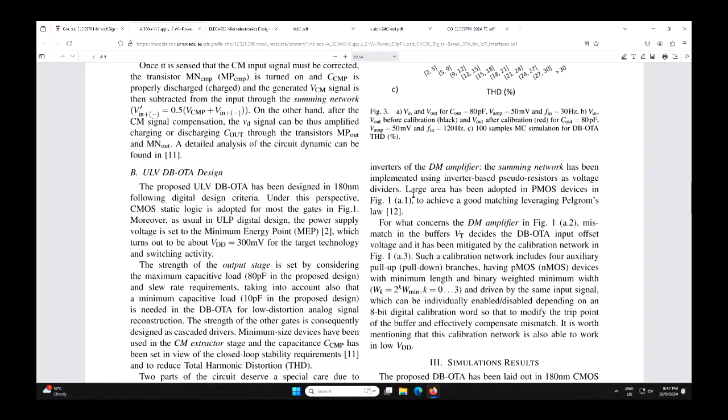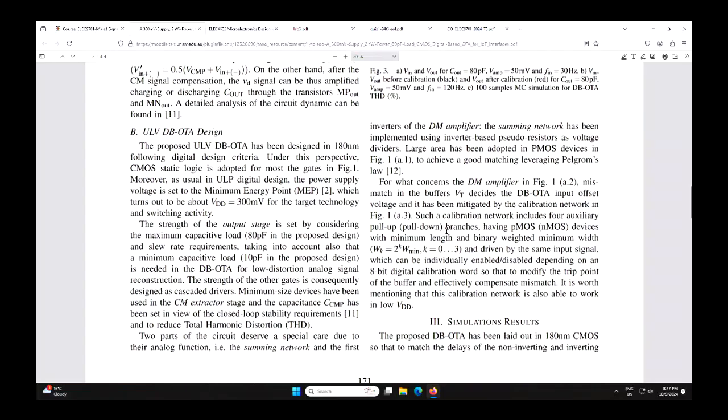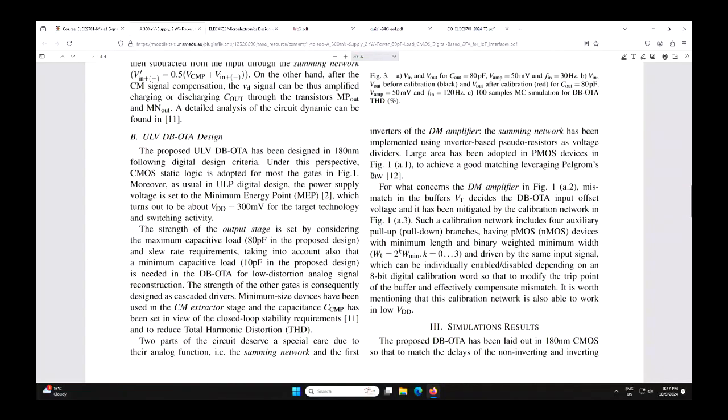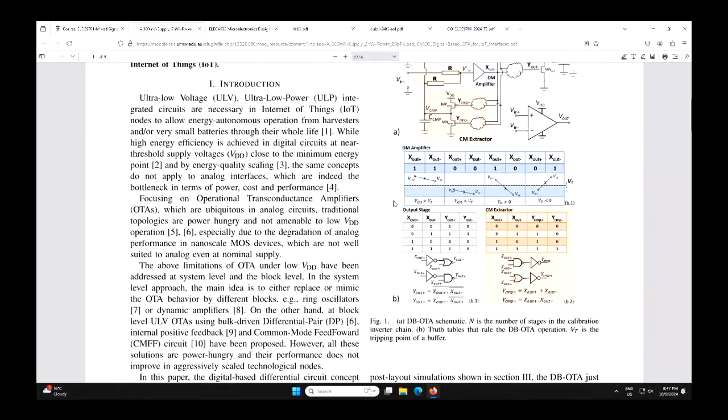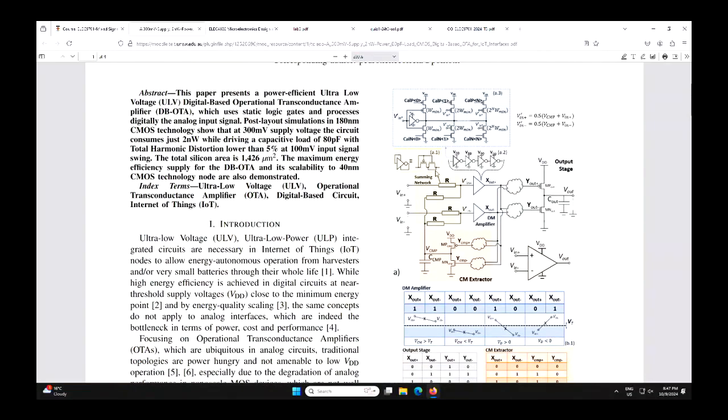But yeah, the matching. So they have an extra one for that resistor divider in Figure 1A1. They just use a diode-connected device as a resistor. They want to match the two R's in both channels. Yes, because the ratio of the resistors is important, otherwise the summing network is not correct.